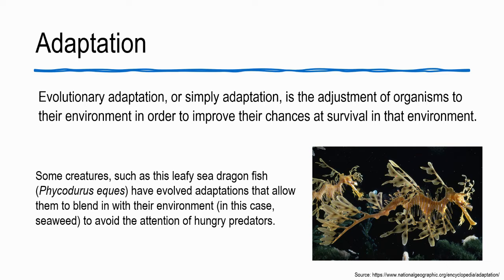This amazing leafy sea dragon here blends in with its environment so that it avoids its predators. So it is quite an elaborate, amazing creature that has allowed it to blend in with the environment and camouflage. And you can imagine that the animals that can camouflage better and hide from their predators are more likely to survive and pass on their successful gene.